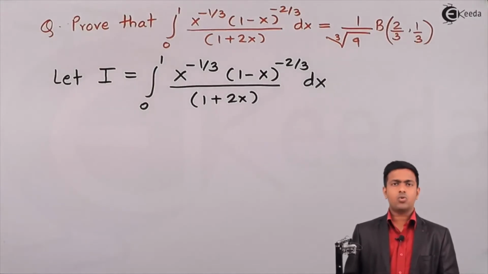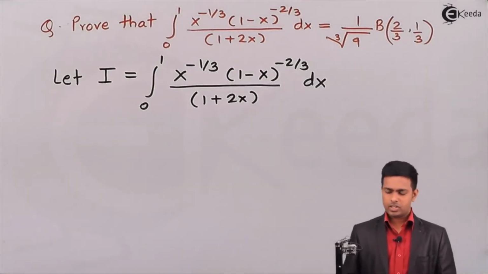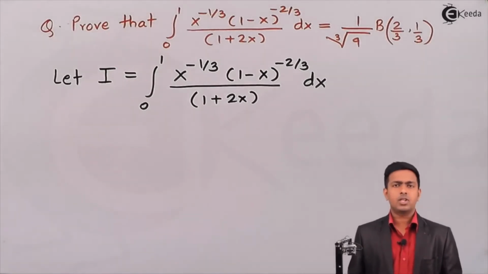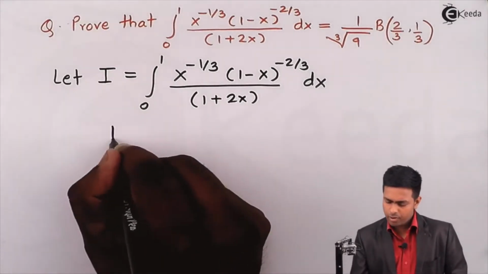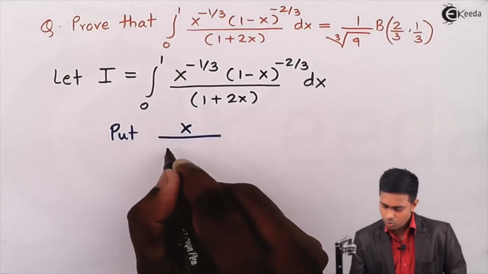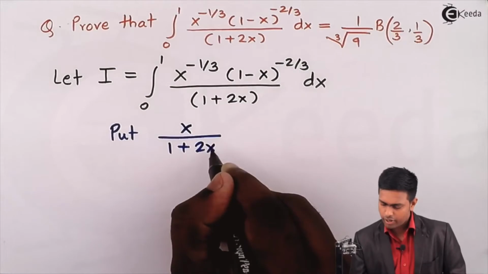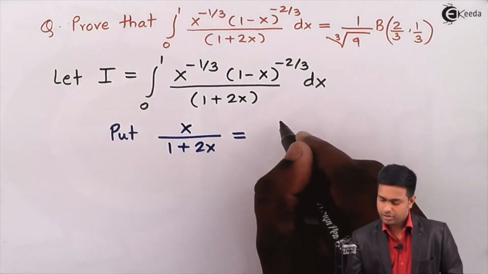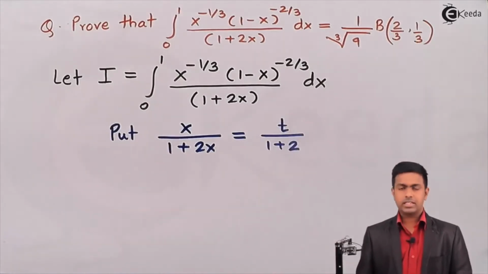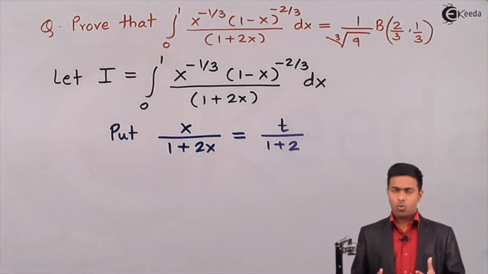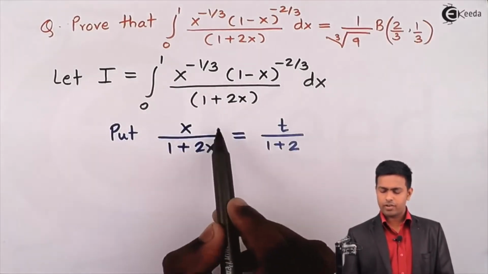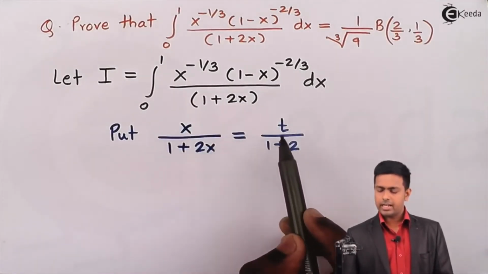Now the question is how to bring that x raised to m minus 1, and for that we will do integration by substitution. Here we will put x upon 1 plus 2x as t upon 1 plus 2, so this is the substitution that we are using. x and 1 plus 2x we have considered, and we are substituting as t.